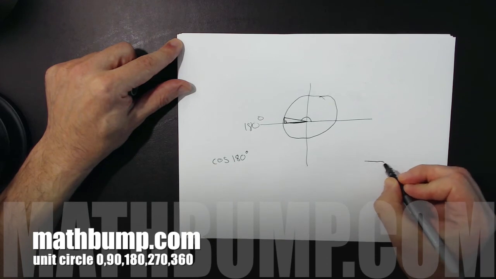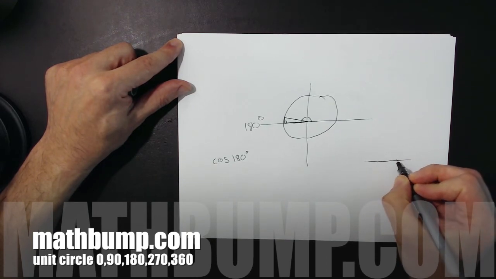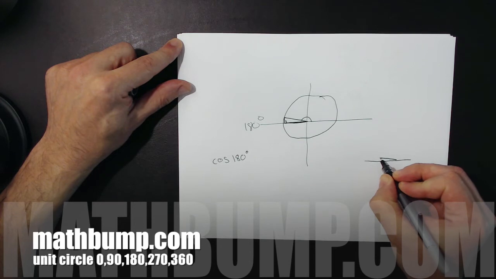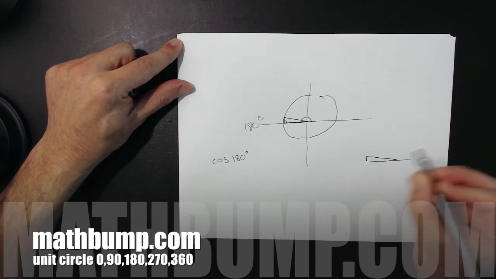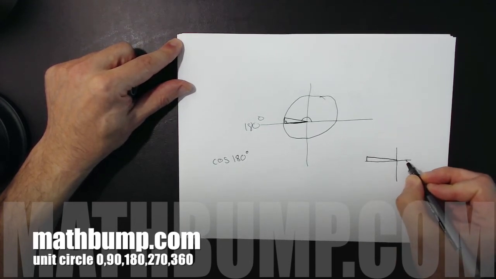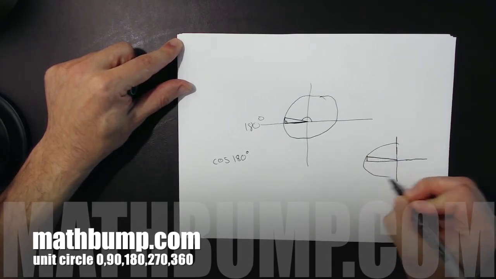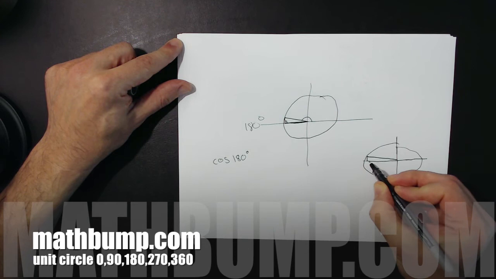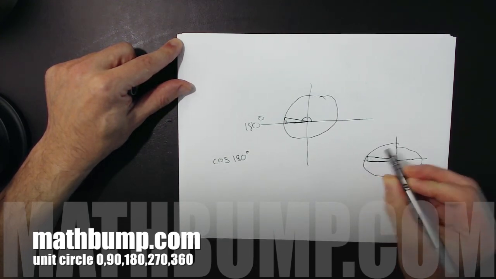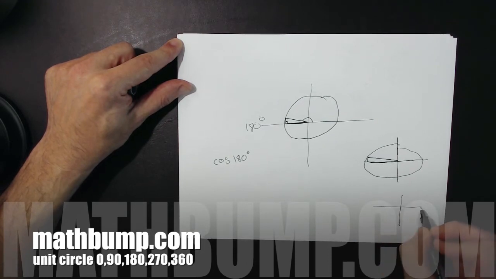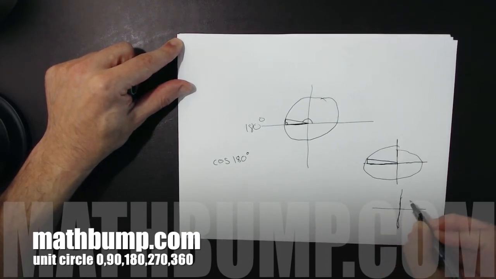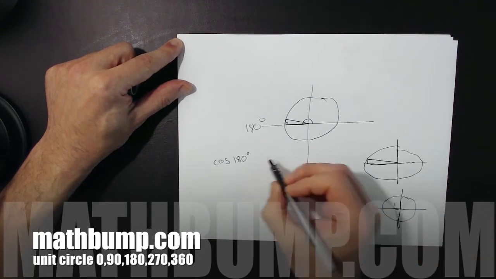I'm just going to draw it on the side. This is going to become increasingly flat again, right? And so this side here, the cosine side, the x side, is going to end up approaching this flat line of length 1, okay?